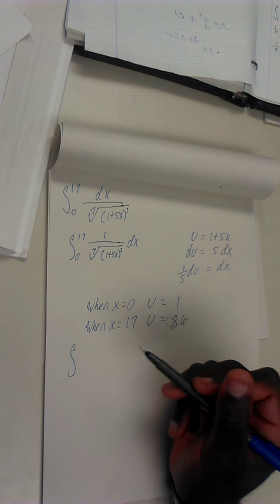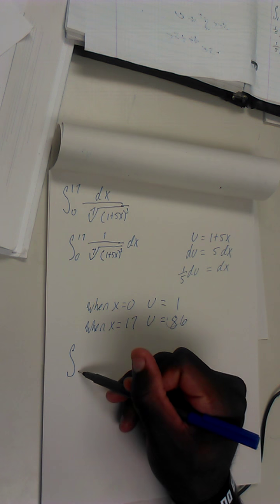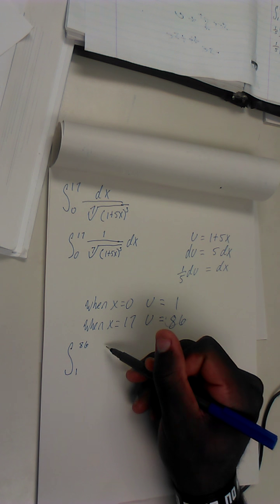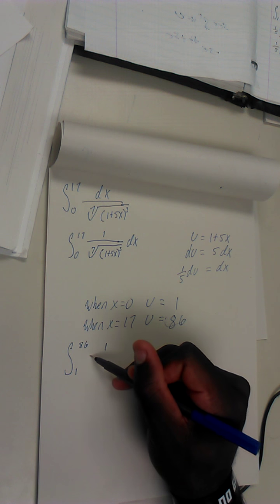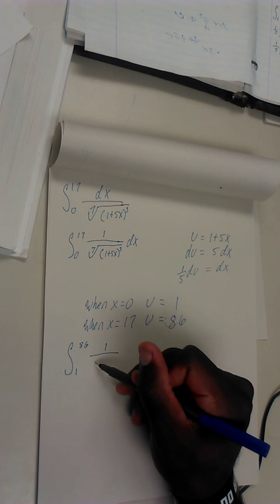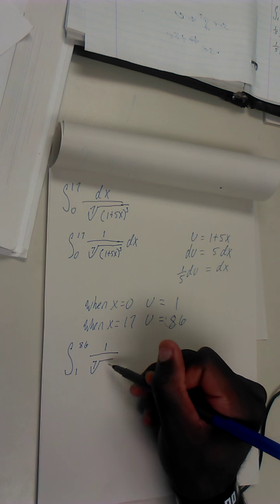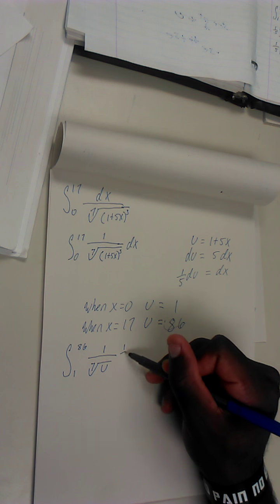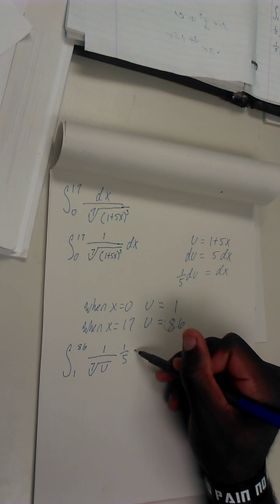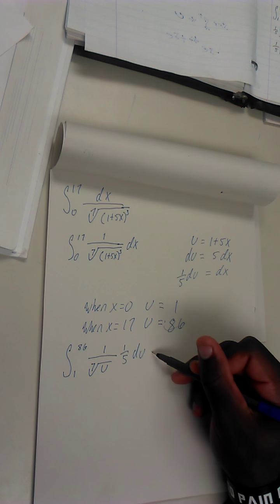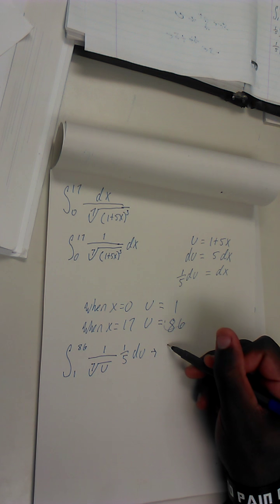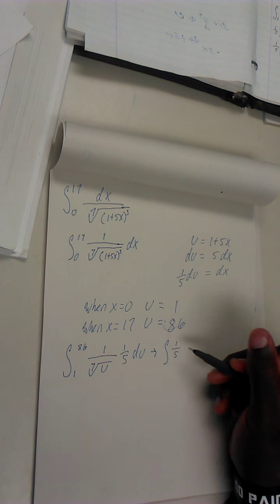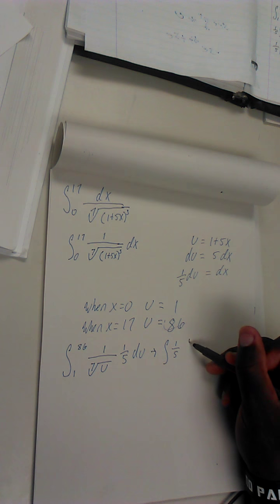So in this case, you take the integral going from 1 to 86, 1 over the 7th root of u, and dx is accounted for by 1/5 du. Let's go ahead and bring this 1/5 over here.